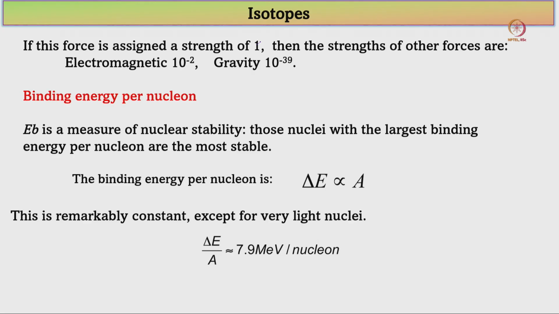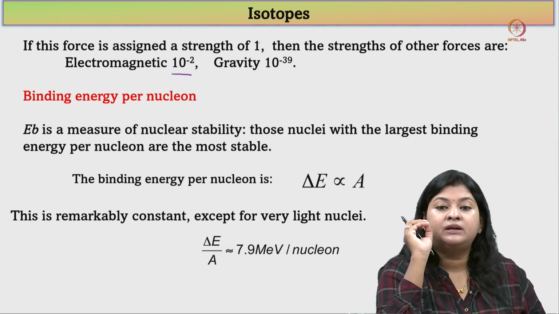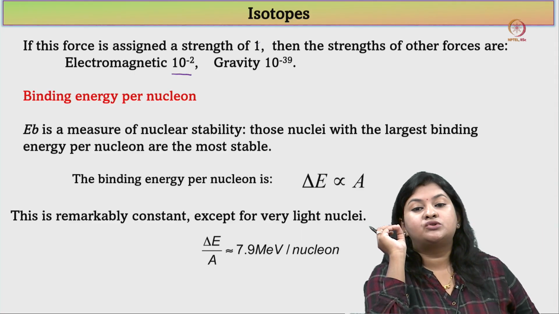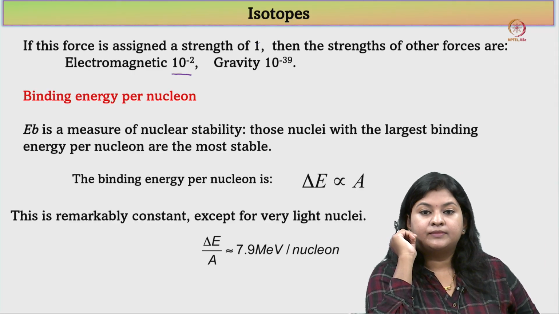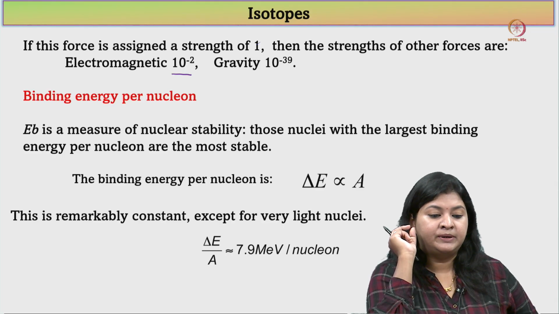The electromagnetic force we can give 10 to the power minus 2, and gravity becomes a weak force in front of the strong nuclear force. And you remember, the nuclear force acts over a very short distance. That is a very important parameter to keep in mind.